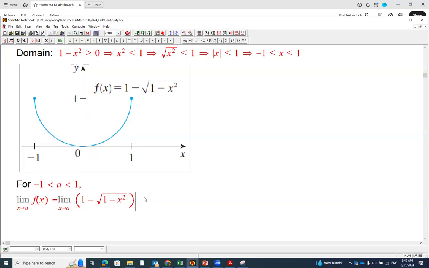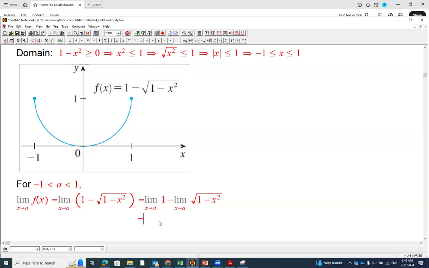As x approaches a, we can do direct substitution. And because each individual limit exists, we can take limits individually. That's what we're saying. So we use limit laws and limit properties, right? What do we learn?